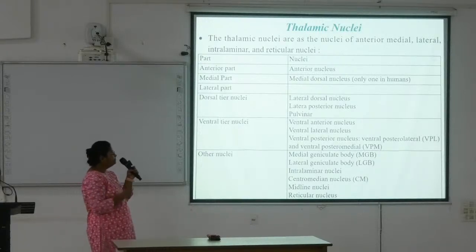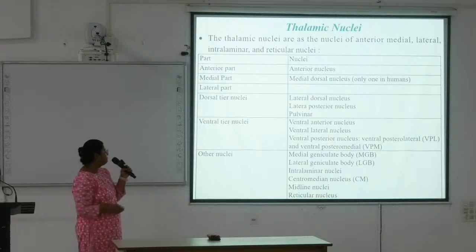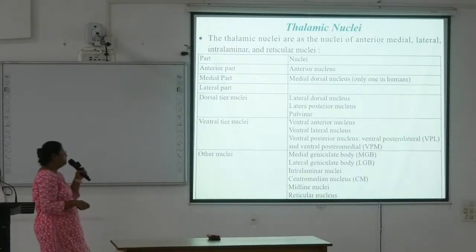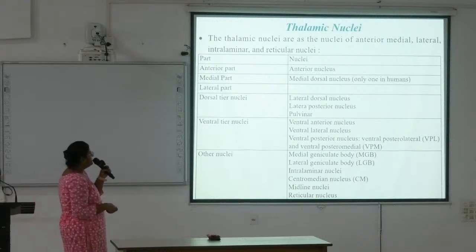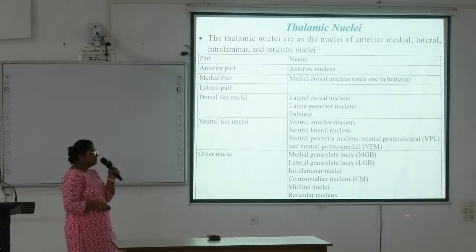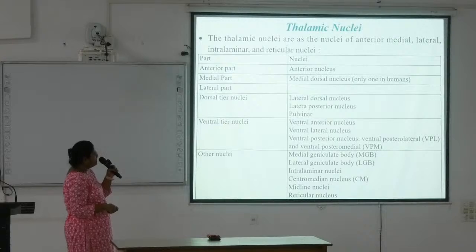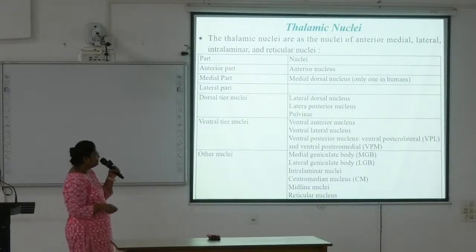Some of the important impulses are going to these nuclei. Next, other nuclei are the medial geniculate body, lateral geniculate body, intralaminar nuclei, centromedian nuclei, midline nuclei, and reticular nuclei. So all these are present in the thalamus. The medial geniculate body and lateral geniculate body are mainly included in the metathalamus.